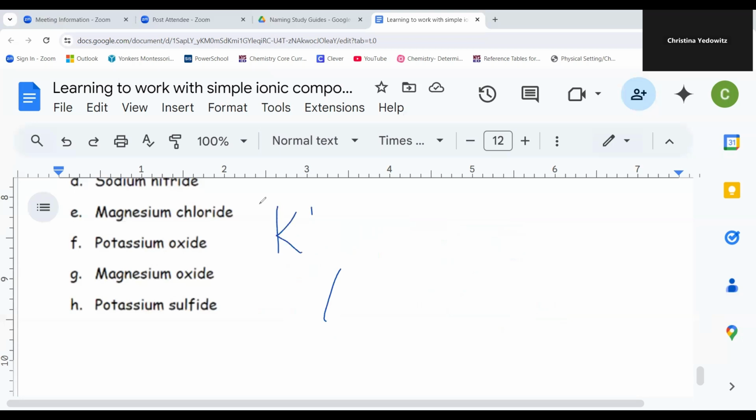Okay, potassium again has a +1 charge because it's a group 1 metal. Sulfur is in group 16, so he's got a -2 charge. In order to win the game, I'm going to need another potassium to balance this charge out. So when I write my formula, I see that I need 2 potassium and 1 sulfur to write this formula.